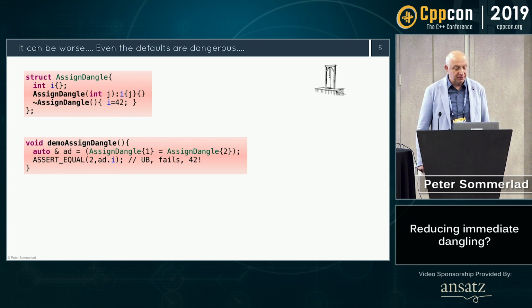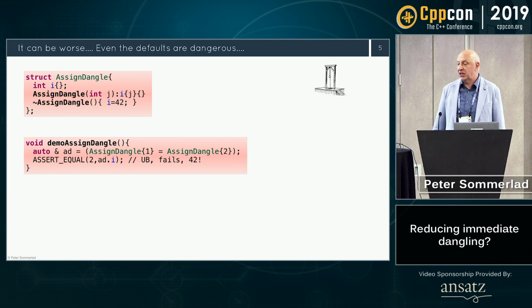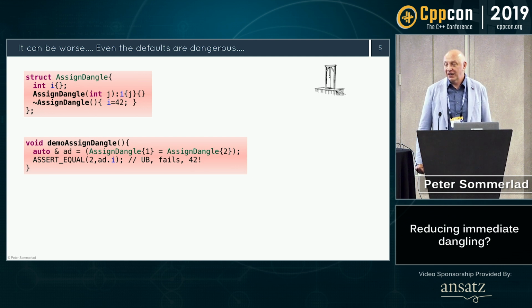So we have an assignable class, perfectly default behavior, just a side effect destructor to recognize. And this test case actually fails, because the member of the now dead assigned angle thing is actually set to 42. So that's undefined behavior.